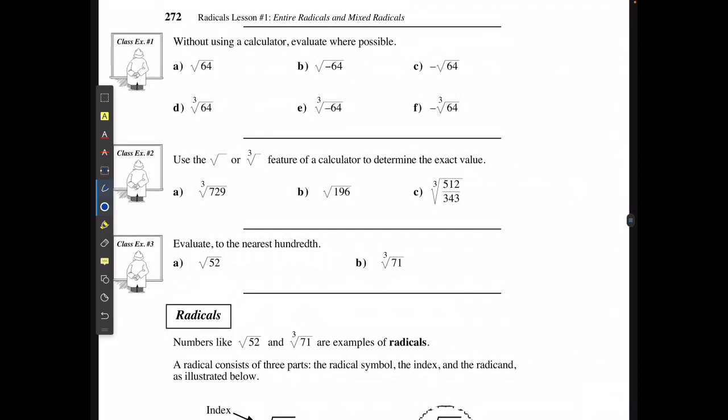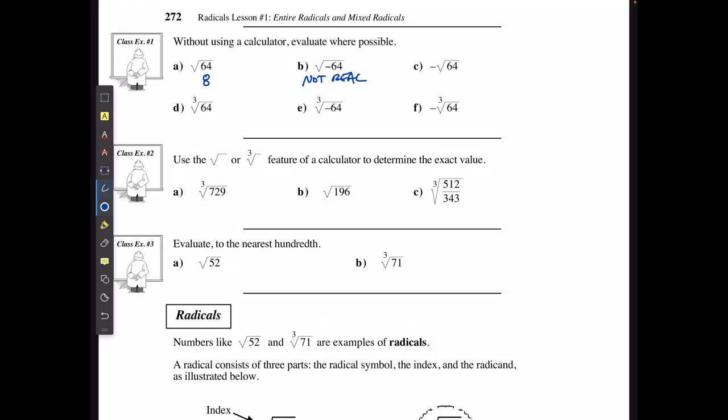Now, you don't have to be able to do this without a calculator. You can always use your calculator, but if you know, the square root of 64 is 8. The square root of negative 64 is not real. There is no real answer for that.